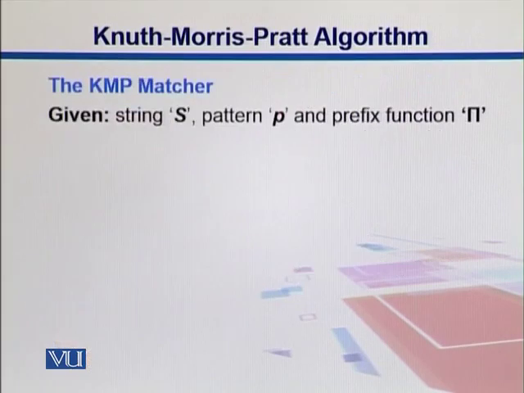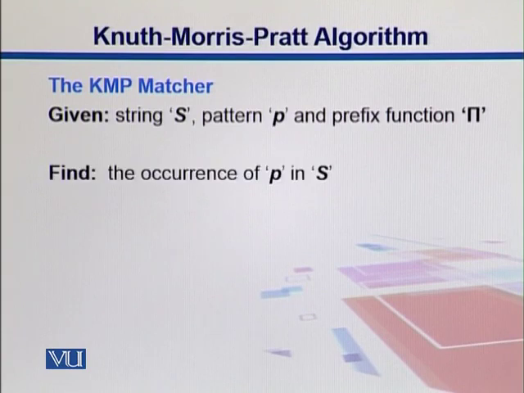Here is the KMP matcher. Given the string S, pattern P, and prefix function, we will compute the prefix function first before we start this KMP matcher. So now we have three things to start with: string S, pattern P, and from these two we have calculated the prefix function which we are using here.